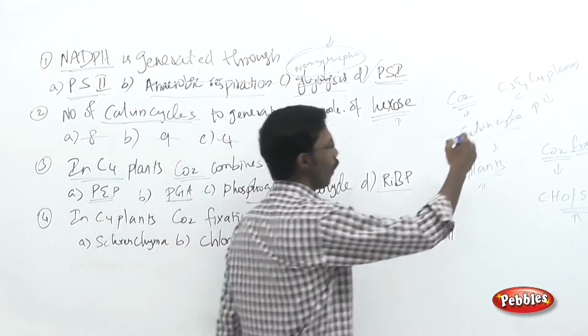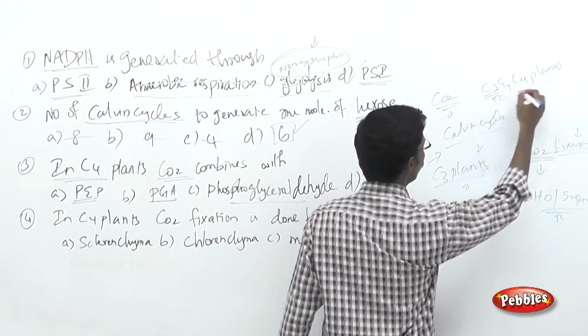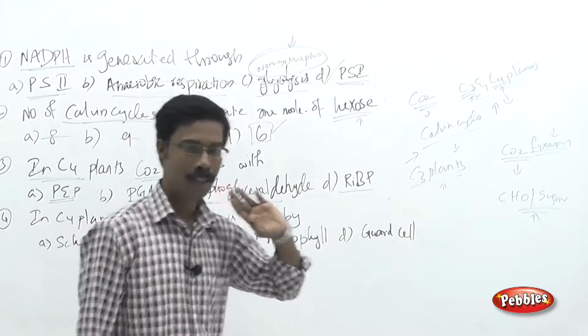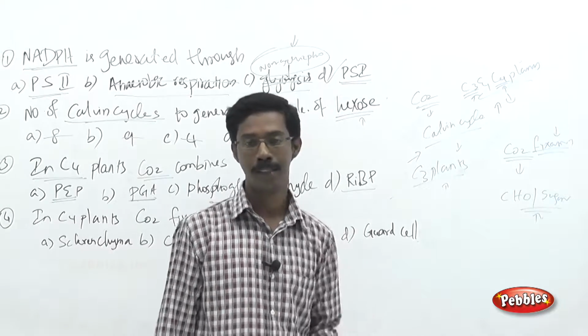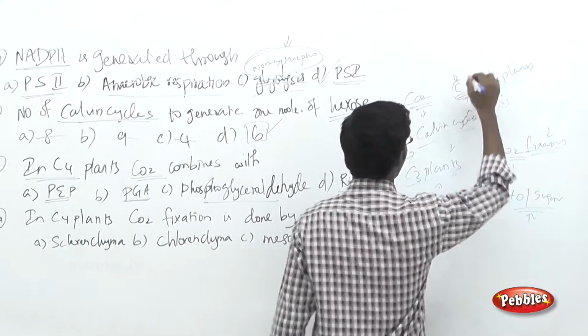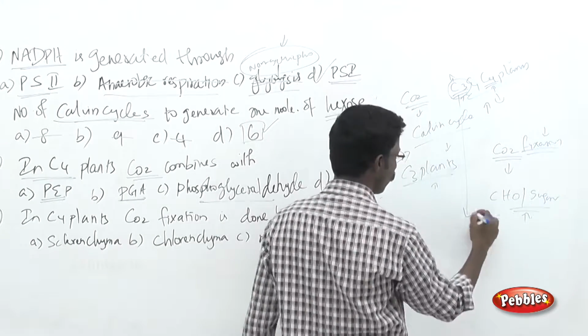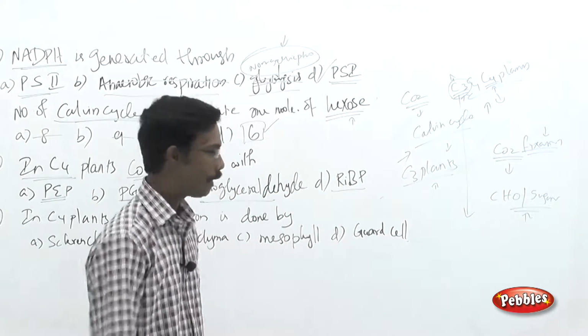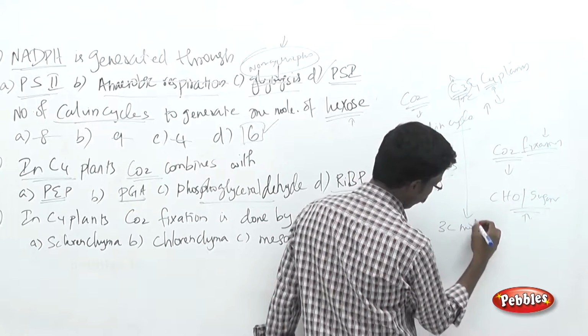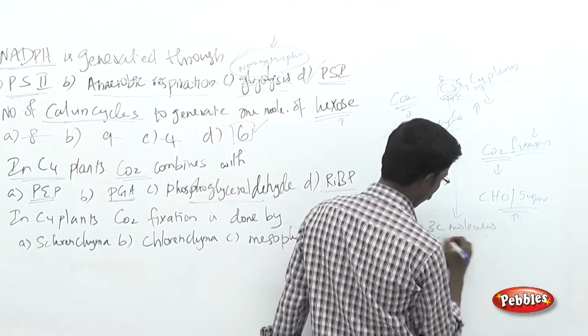So you have to remember the difference between C3 and C4. Why are we calling one cycle C3 and the other C4? C3 means the first formed molecule from the cycle is a 3 carbon molecule. This is what you have to remember.